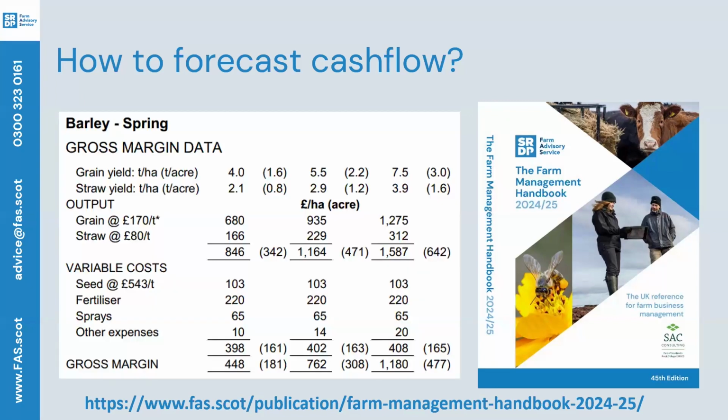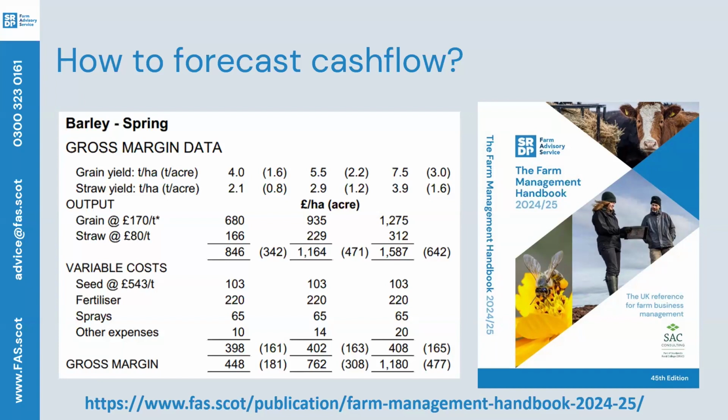I have put one example on the screen here. This is from the Farm Management Handbook for this year, and it gives you a gross margin for a crop of spring barley. Depending on your expected grain yield, which is dependent on your farm type, your land type, your geography, it then gives some forecasted financial information here.